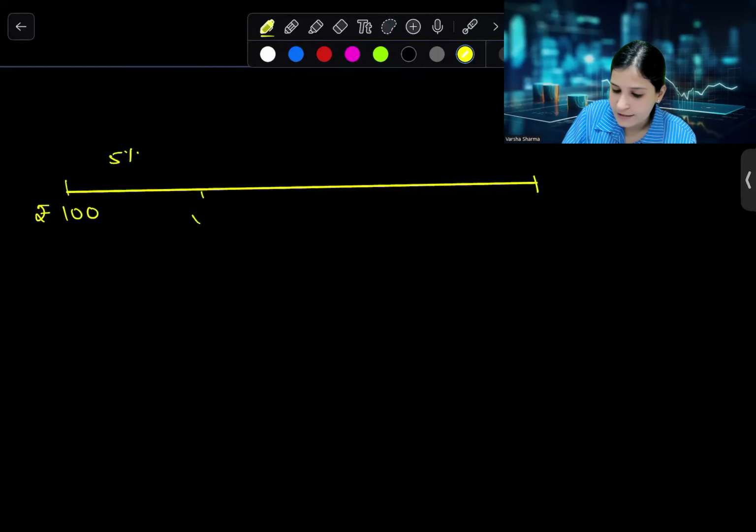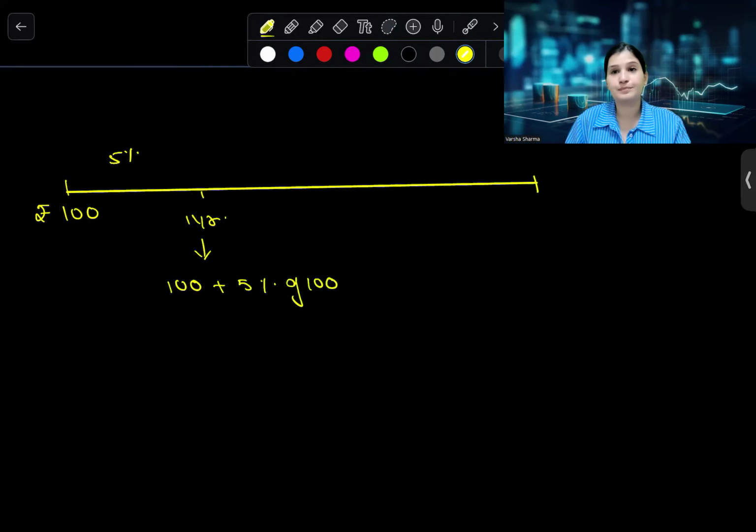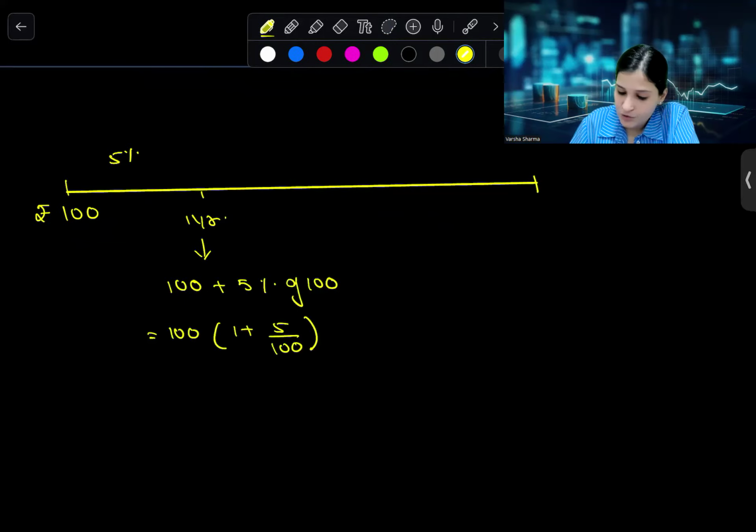So when I return after 1 year, how much do I need to pay? I need to pay rupees 100, and in addition, 5% of 100. Yes or no? So if I take 100 common, it becomes 1 plus 5%.